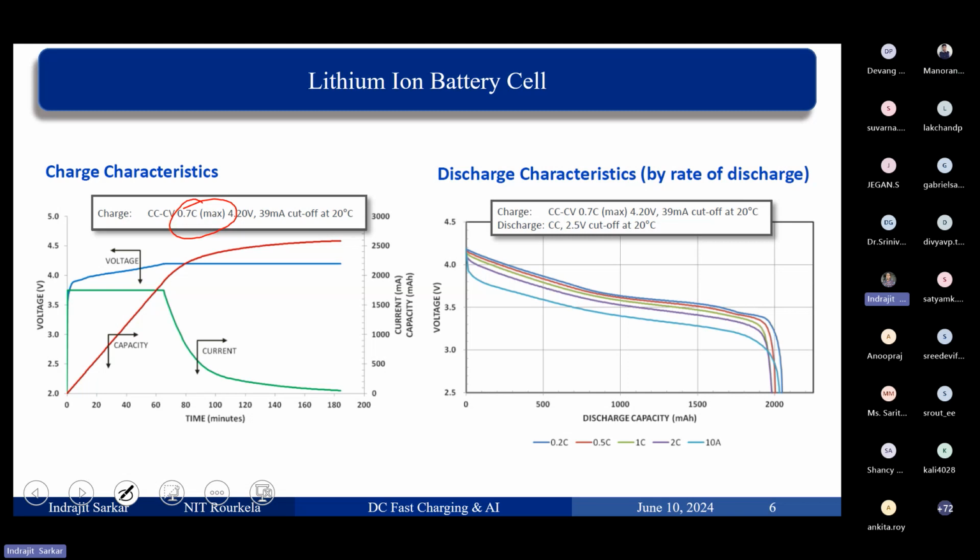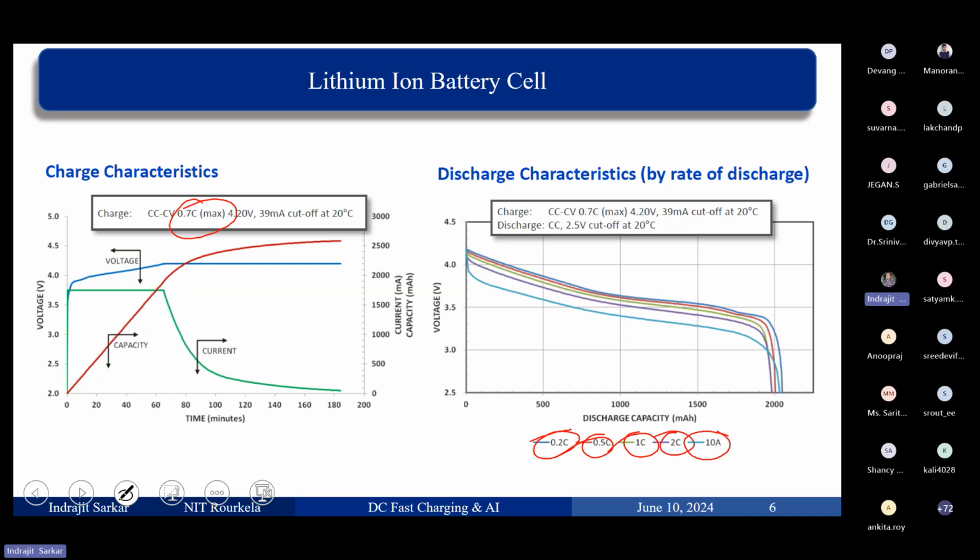Okay, now this C rating will be defined in case of DC fast charging. We'll see. Okay, another thing you can see here in this discharge characteristics. As I was mentioning, there is an internal resistance to every battery. So as you see, there are different color lines. In constant current discharge, you can see here when current is more, they are mentioning 0.2 C, 0.5 C, 0.1 C, 2 C, and then 10 ampere.